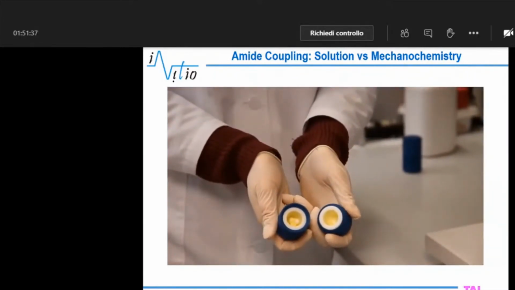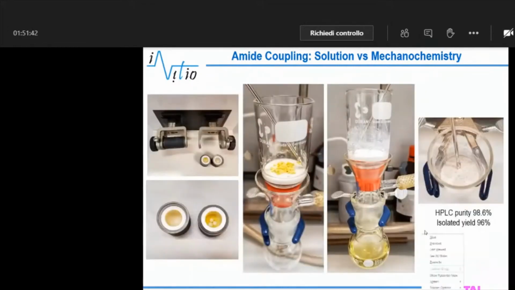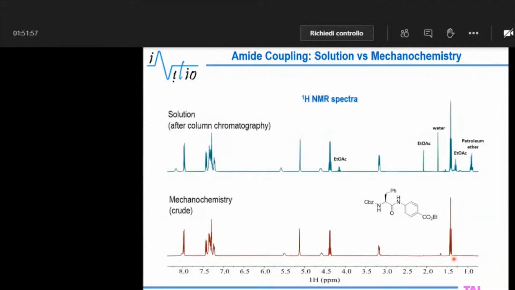The reaction mixture. And then the only thing we have to do is just to transfer it to the filter, wash with water, and dry. And that's it. You have a product with quite a high purity. And this I like very much, one picture which is worth 1,000 words.